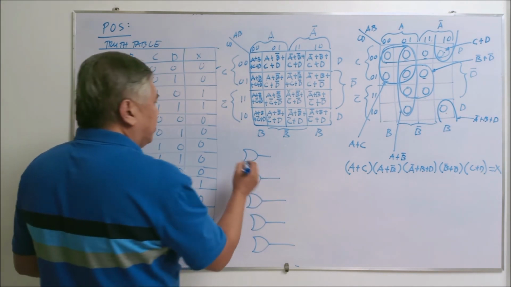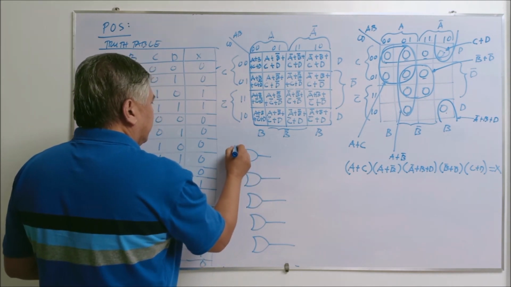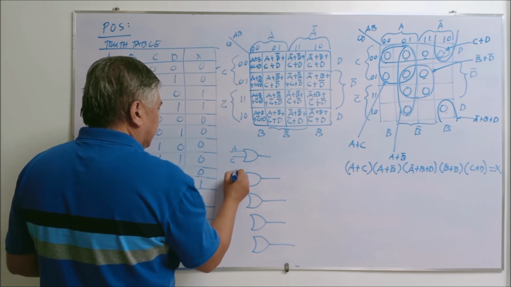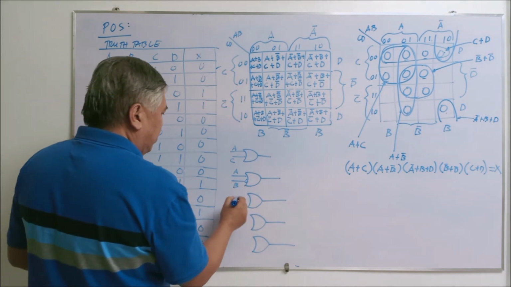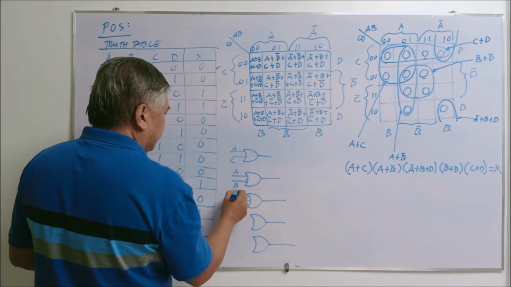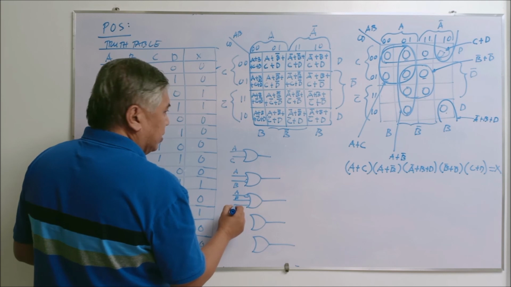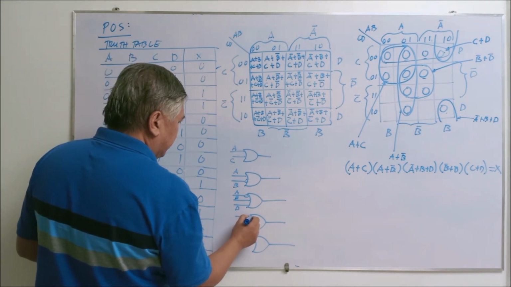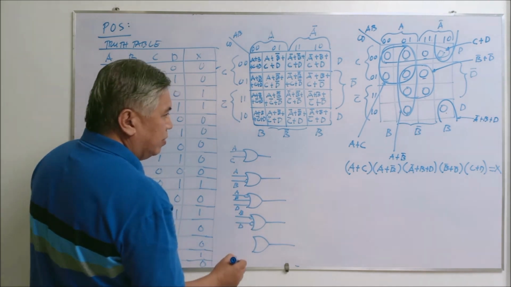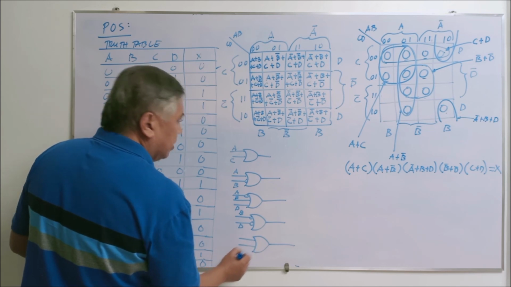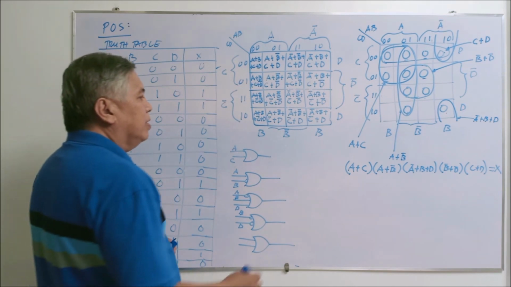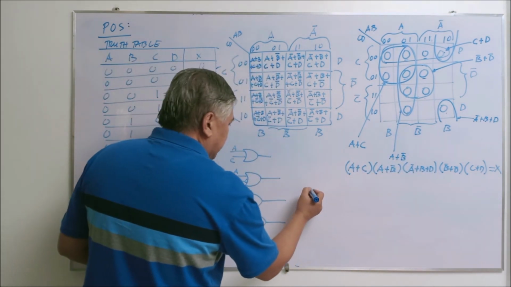OR gates, and then you have inputs A, C, then you have A, B bar, then A bar, B, D, and then you have B bar, D bar, then you have C, D. Okay, and all of these sum terms are being multiplied together using the AND gate.